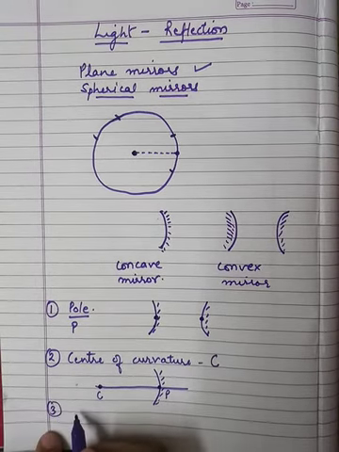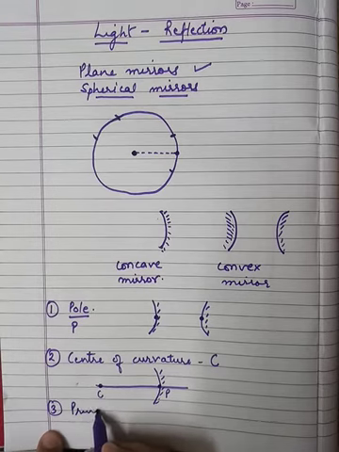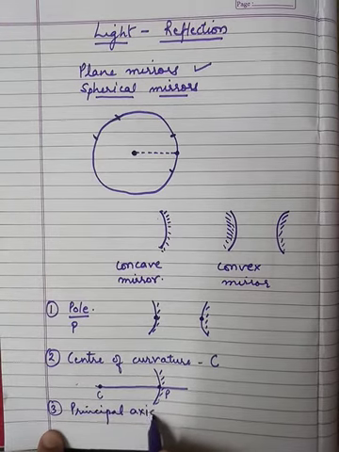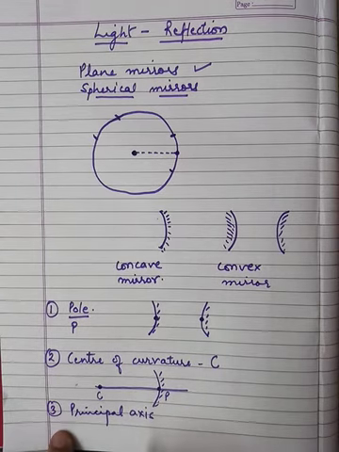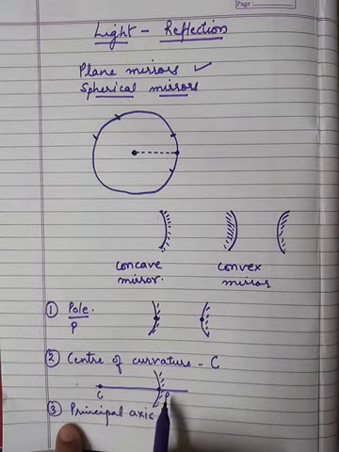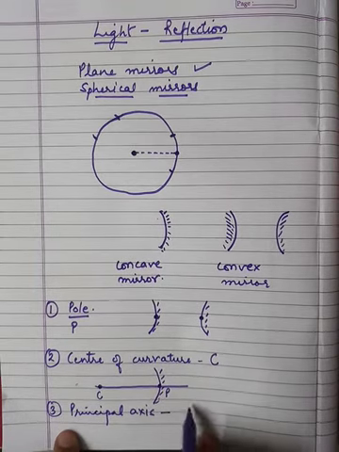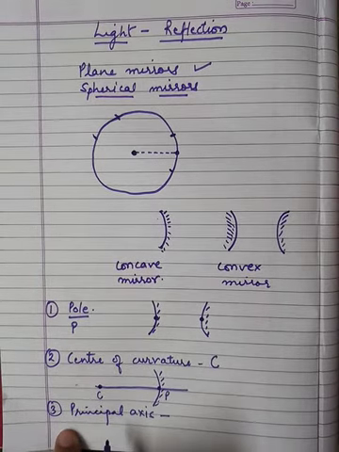The third term is the principal axis. This line joining the center of curvature and the pole is called the principal axis. There is no denotation for this.